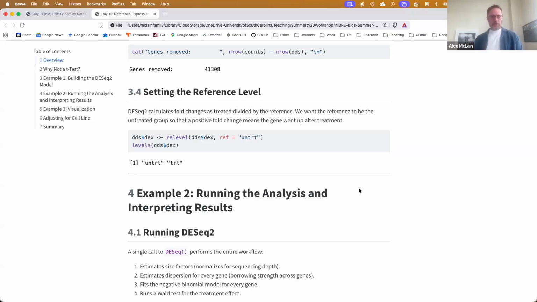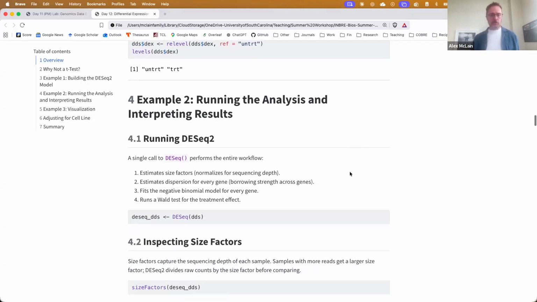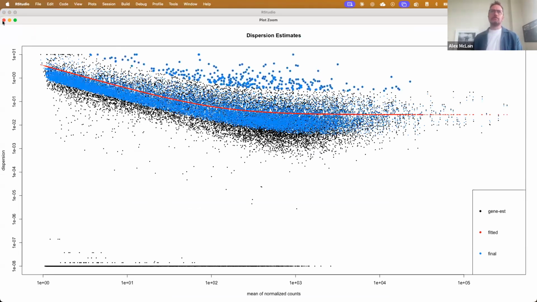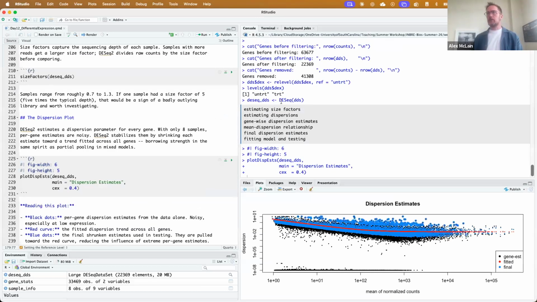Okay, so the next part of this is running the entire workflow using the DESeq function. I did this earlier, and you can see it gives us a blow by blow of what's happening. First, estimating the size factors, and this is what allows us to normalize.